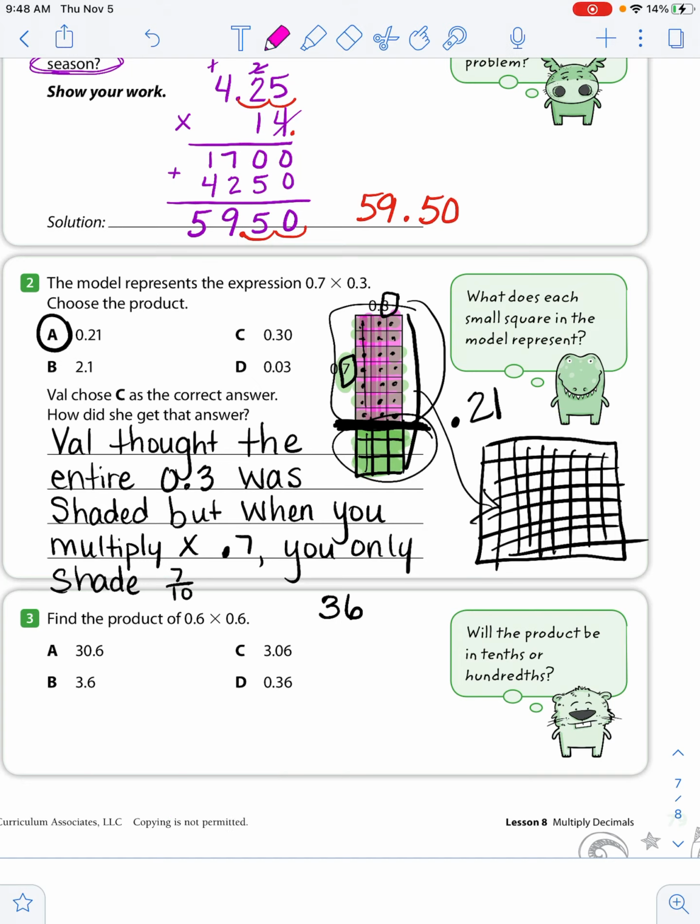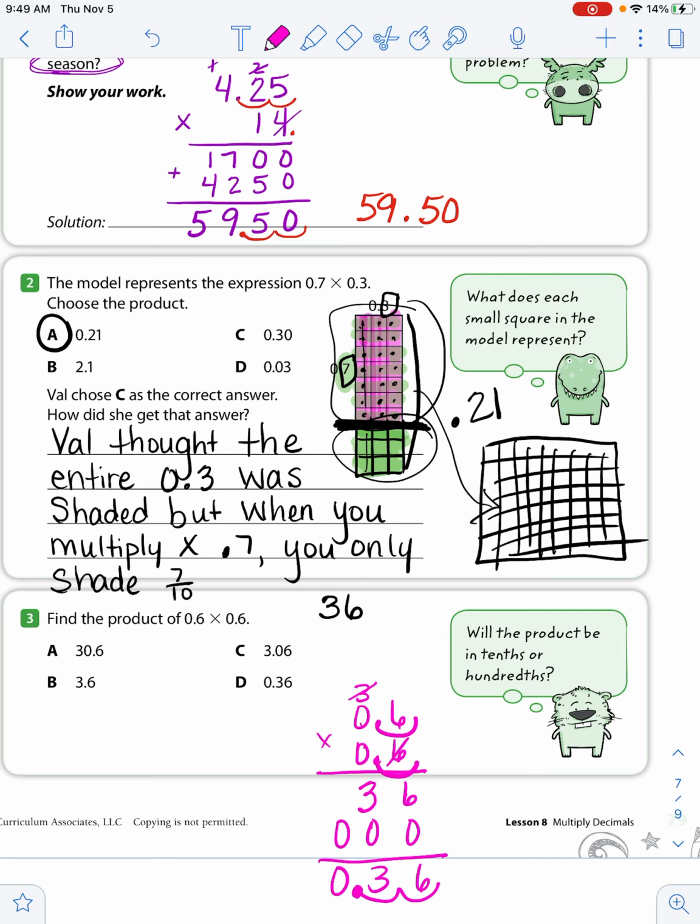If we do old school, we have 6/10 times 6/10. 6 times 6 is 36. 6 times 0 is 0. Plus 3 is 3. Done with that. 0 times 6 is 0, and 0 times 0 is 0. Now look, 1, 2, 1, 2. 36 hundredths.